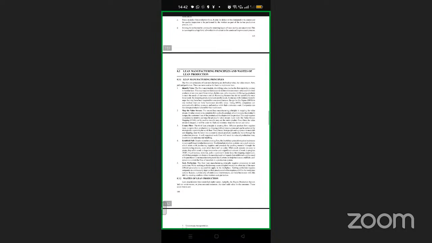It should not produce what is not requested. It should be focused on defect-free production lines. It aims for defects to be eliminated at the source, and quality inspections are to be performed by the workers as part of the inline production process, striving for perfection by continuously removing layers of waste as they are uncovered.